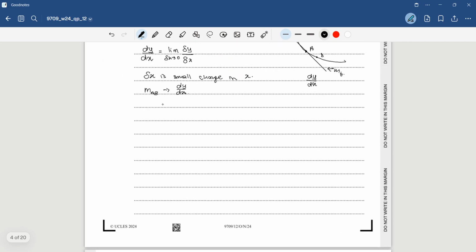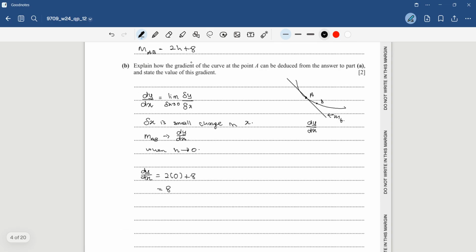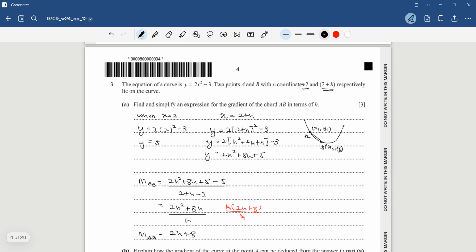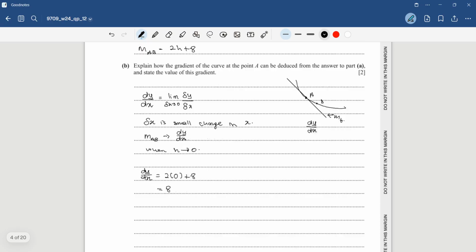It means when h approaches 0 or tends to 0, my dy over dx will be 2 multiplied by 0 plus 8, equivalent to 8. So you must use the first principle of derivative and you must know this. Del x is a change in x, so you can see here it changes from 2 into 2 plus h, so the h denotes a small change.